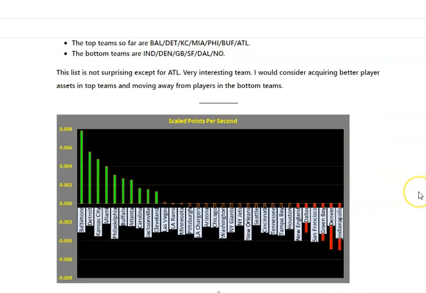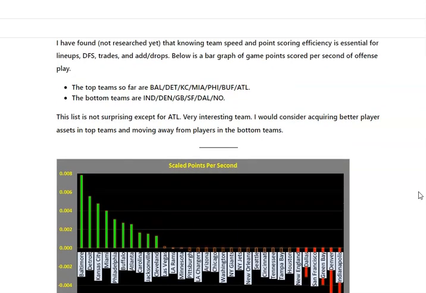And this is the actual figure I just made up. I have the table metric, but I just made a bar graph of it and colorized the top teams in green, kind of above the league average in scaled points per second of offensive play there. So you can take a look at it. It's probably not overly surprising.